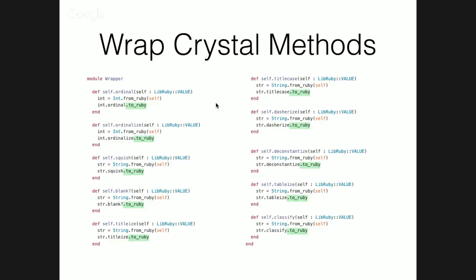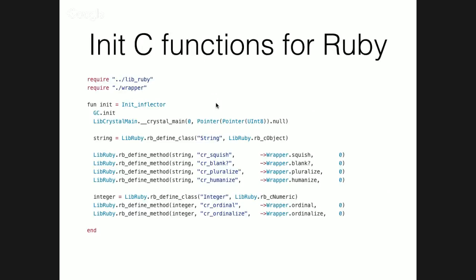It's pretty simple, but it allows all of our code to be nice and clean. There's one more step. Like I talked about, we had to initialize C functions so that Ruby can actually access these. And this is another thing where other people have done a lot of work before I came along, and I leverage their work because they're smart, they know what they're doing, and I don't.